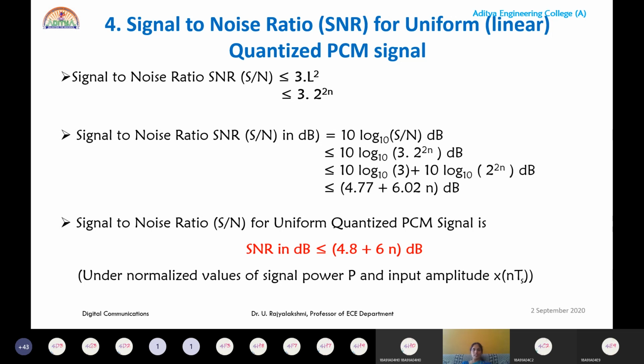Now log 3 multiplied by 10: the log 3 value is 0.477, something like that. If it is multiplied by 10, you will get 4.77, plus 10 log 2 power 2n. Take this 2n outside, because it is in the form of log x power y, so you can represent it as y log x.